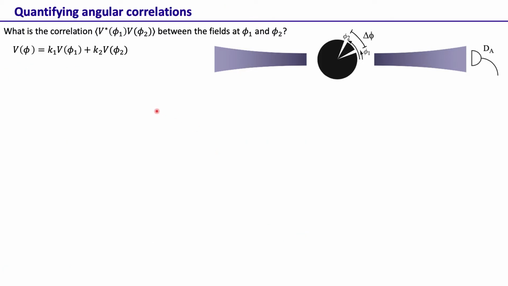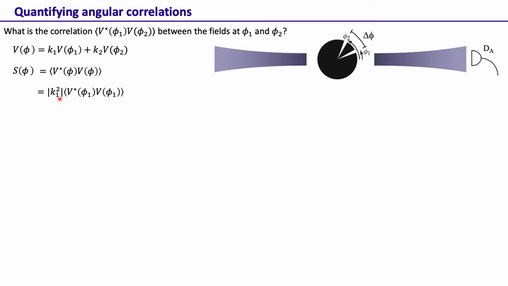Okay, so now back to quantifying angular correlation. So we have a field at this location collected at some angle phi, and that has contributions from fields at phi 1, phi 2, again with some geometric factors. Now let's calculate the intensity or spectral density at phi, and again we'll do it in a very similar manner.